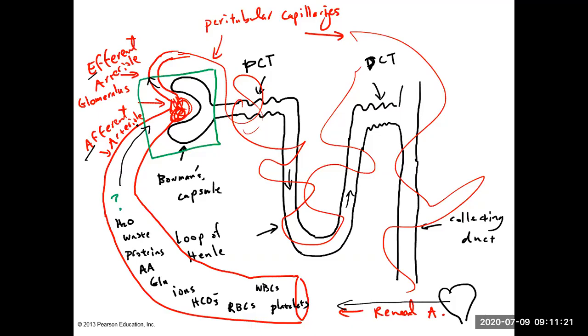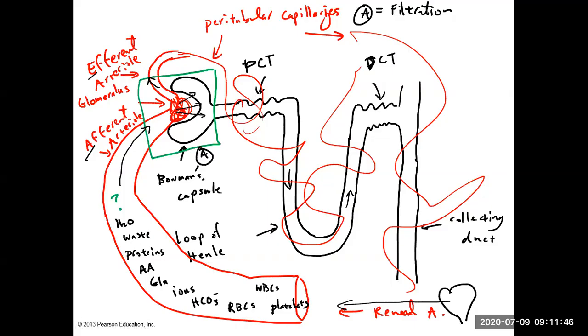But once you get to the glomerulus, smaller stuff can pass through. Larger stuff cannot. So this is where process A takes place. Process A we can put as filtration.